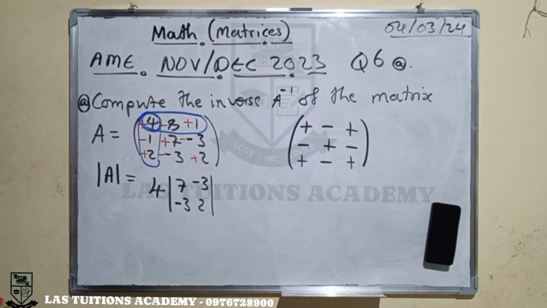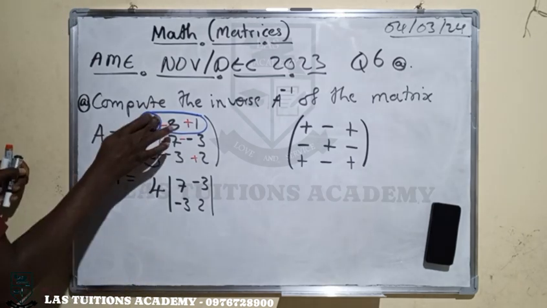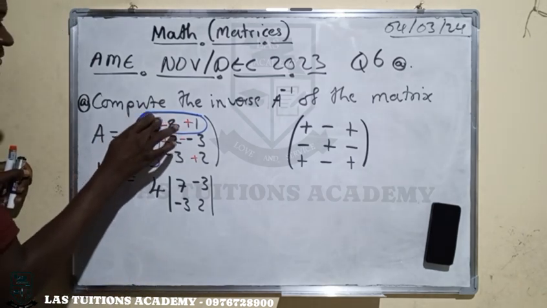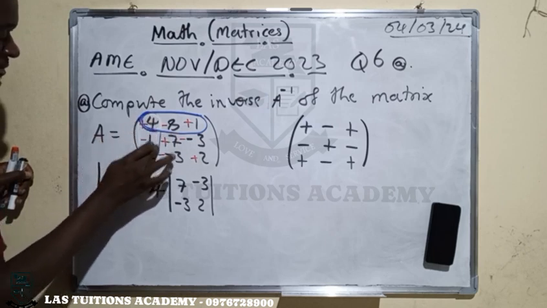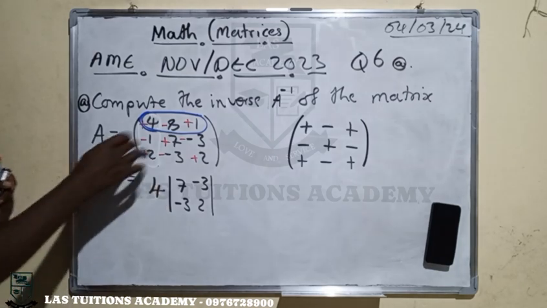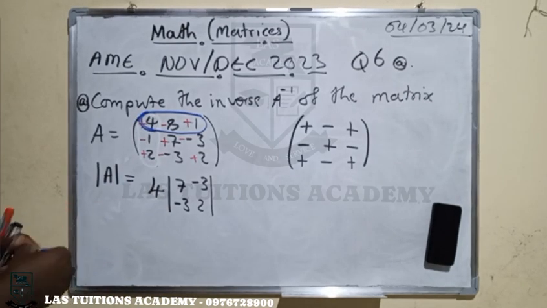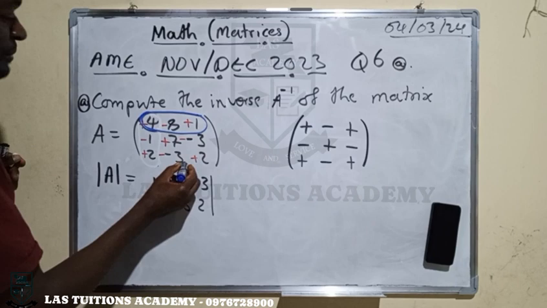Then you go to the second one. When you go to the second one, you are going to lock this middle column.